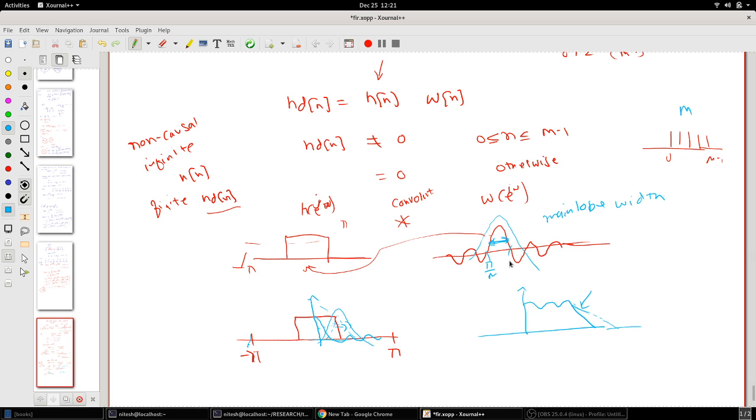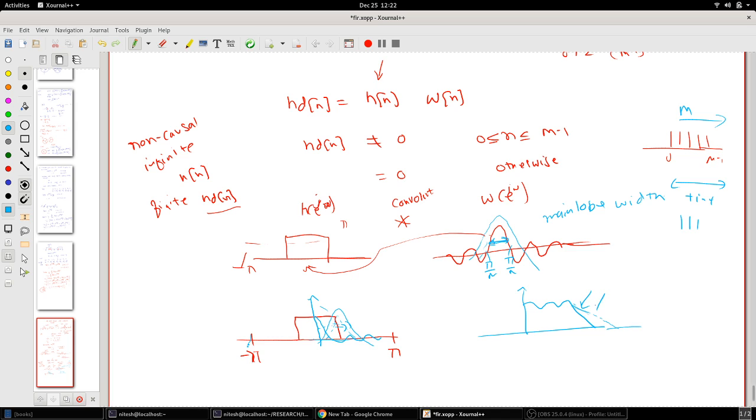The width of M is going to determine what the main lobe is going to be. This is pi by M. So if I make it wider, this is naturally going to be a more compressed version, right? So if you expand in the time domain, you compress in the frequency domain. So I make this shorter, the main lobe is going to go wider in the frequency domain.